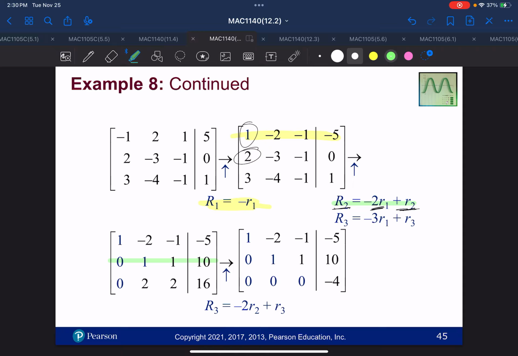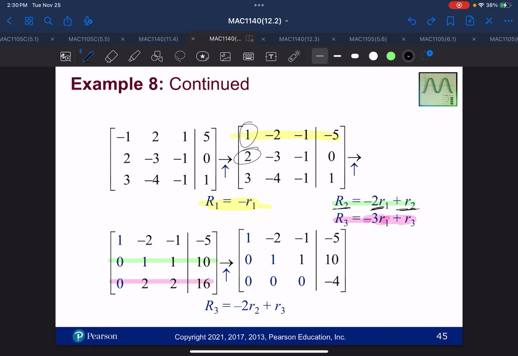And then they will multiply row 1 by -3 and add it to row 3 to get a new row 3, in order to get these two to be 0 here.